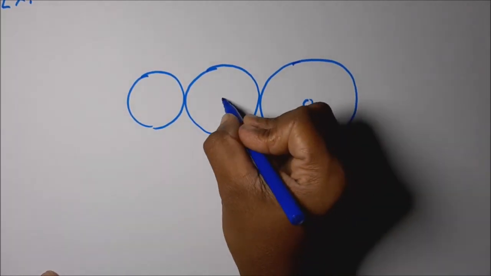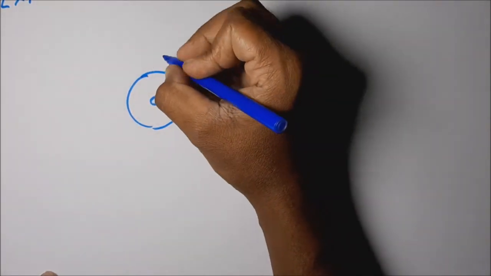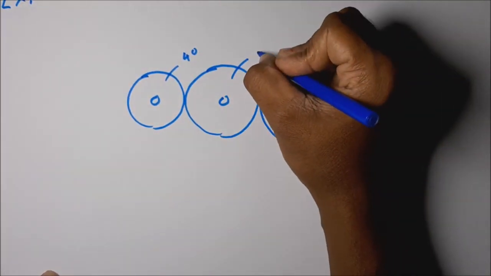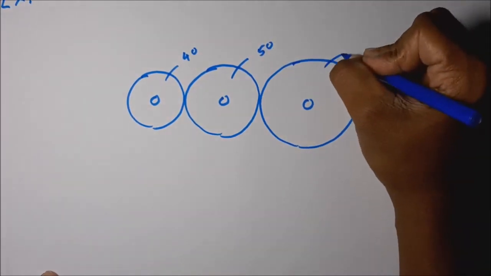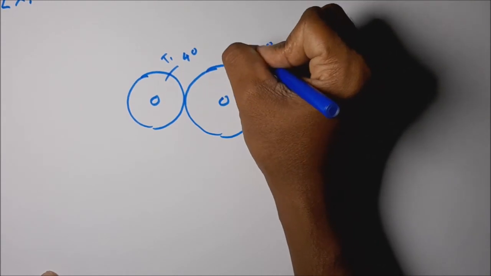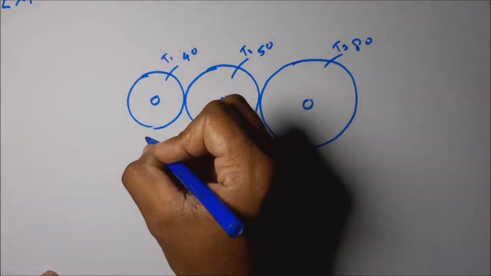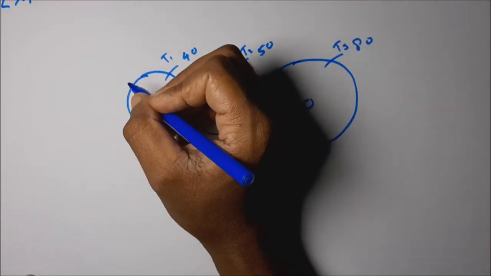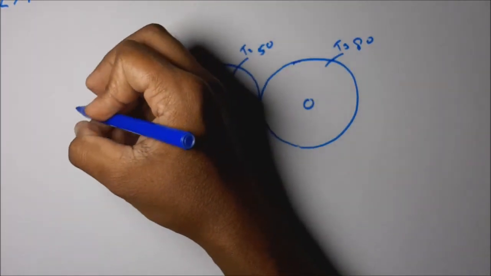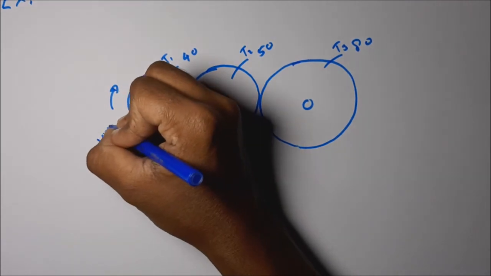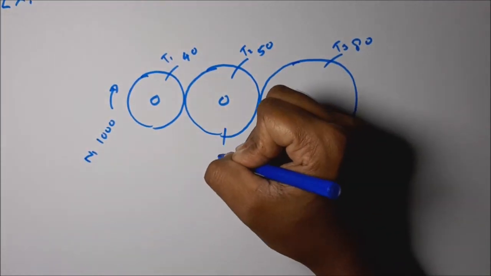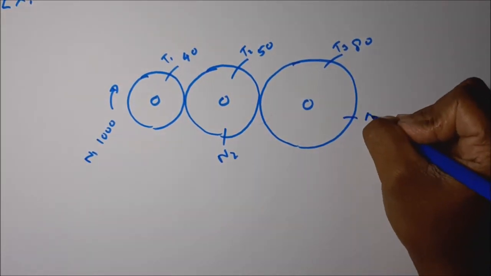The driver has 40 teeth, the intermediate gear has 50 teeth, and this one has 80 teeth: T1, T2, T3. Let's take this rotating in a clockwise direction at 1000 rpm, so N1 is equal to 1000. This is N2, this is N3.